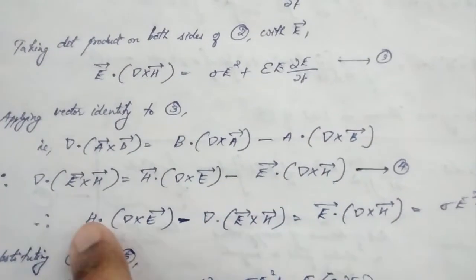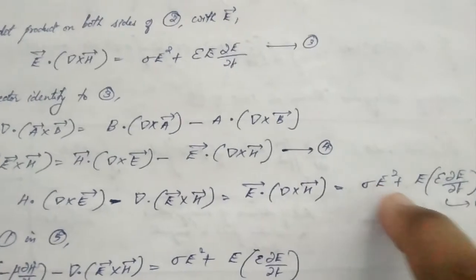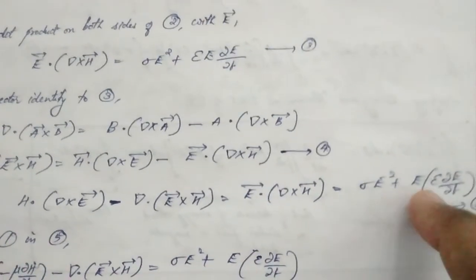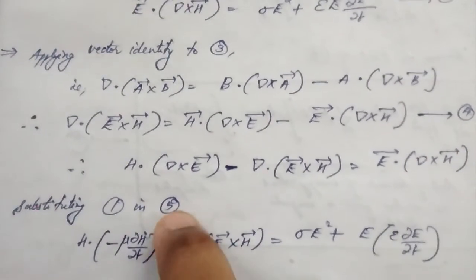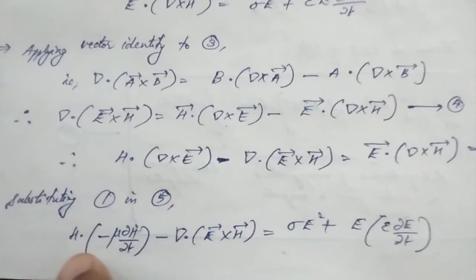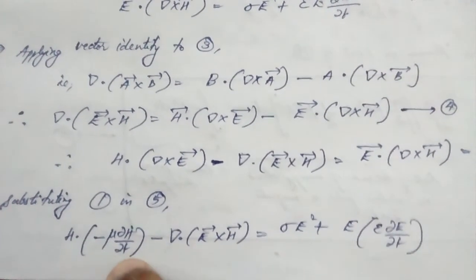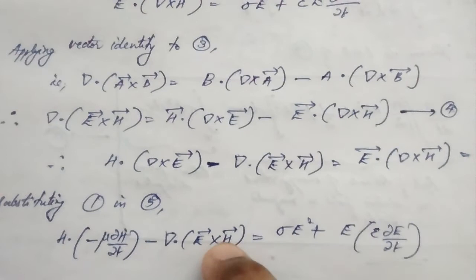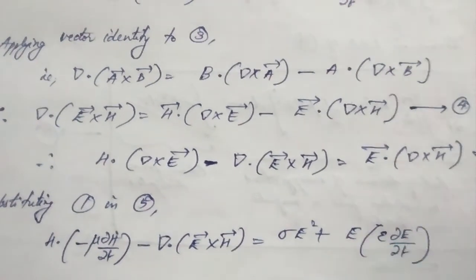So you get H dot del cross E minus del dot E cross H is equal to sigma E square plus E into epsilon dou E by dou t, as equation 5. Substituting equation 1 in this equation 5, you get H dot minus mu dou H by dou t minus del dot E cross H is equal to sigma E square plus E into epsilon dou E by dou t.